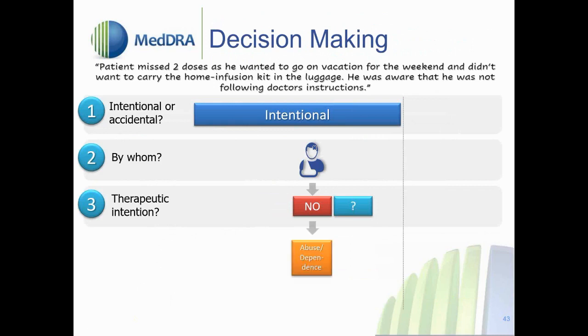That's why I would not consider this a misuse, and also not an abuse dependence, because usually you would classify such events as abuse or dependence, but abuse would rather relate to situations where we take too much of a drug, or by a different route or something like that for non-therapeutic purposes. But here we are talking about a dose omission, so the abuse dependence doesn't fit.